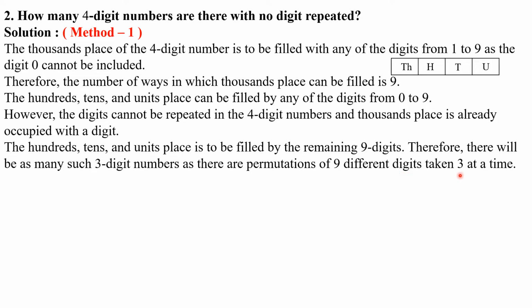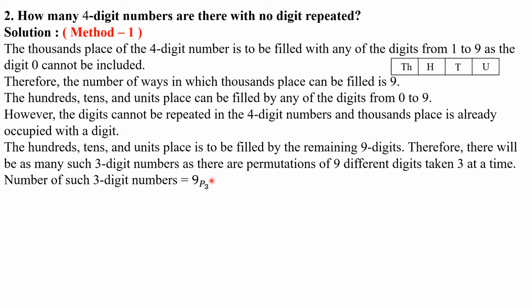Understood this sentence, my children? We are taking 3 digits at a time out of 9 digits. In how many ways can this be done? Yes, the number of such 3-digit numbers is 9p3. Understood this 9p3, my children?